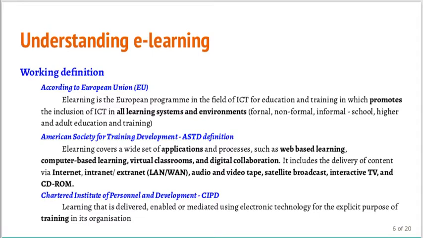Another definition, given by ASTD, the American Society for Training and Development: e-learning covers a wide set of applications and processes such as web-based learning, computer-based learning, virtual classrooms, and digital collaborations. It includes the delivery of content via internet, intranet or extranet, LAN or WAN, audio and video tape, satellite broadcast, interactive TV, and CD-ROM.